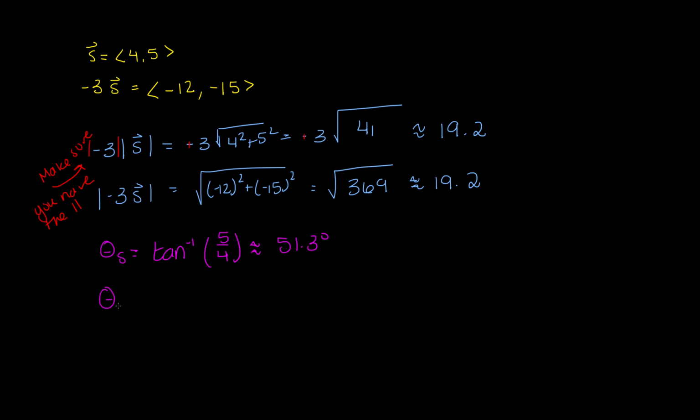And if we take -3 times the vector s, the arctangent of -15/-12, which is 15/12, is going to be approximately 231.3 degrees. So the scalar product gives us (-12, -15). This has the opposite direction and is 3 times the magnitude of s.